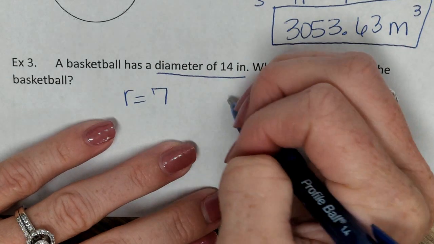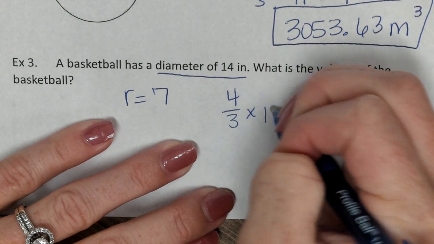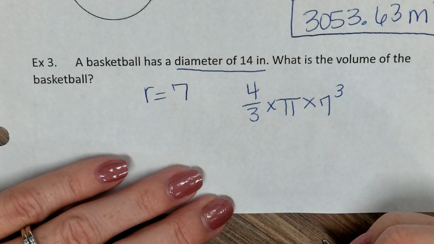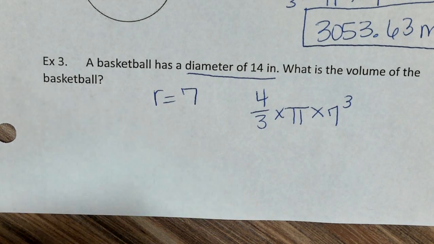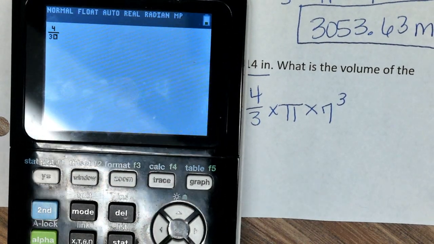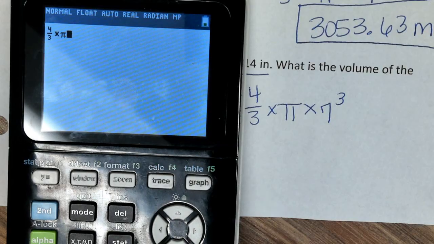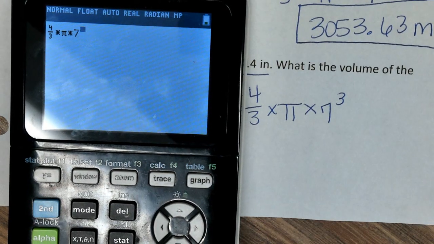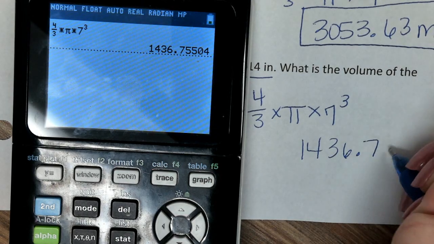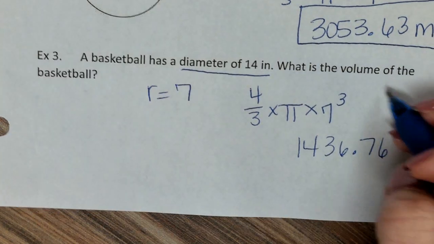So I'm going to do 4/3 times pi times 7 cubed. The answer is 1,436.76.